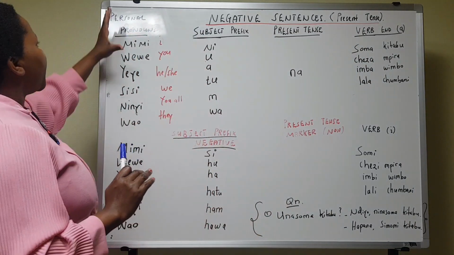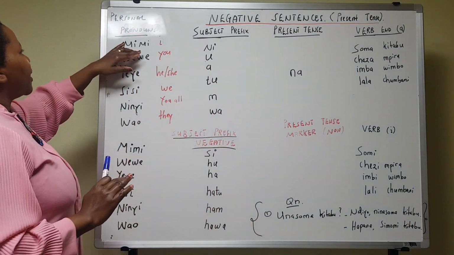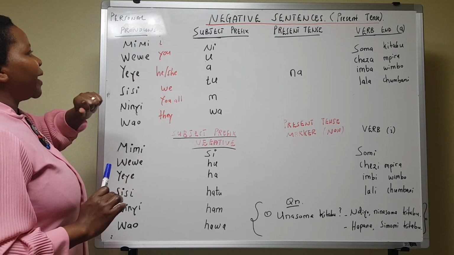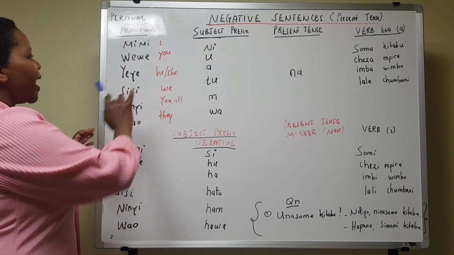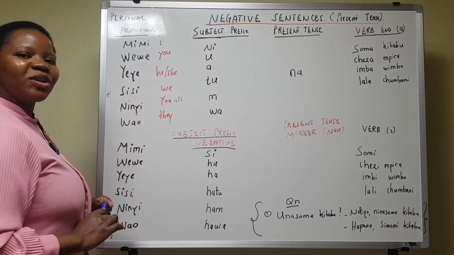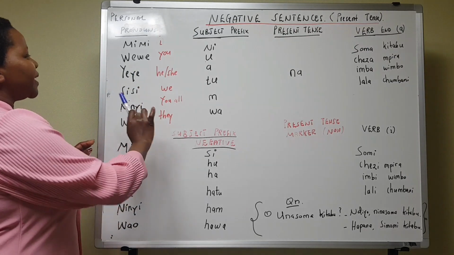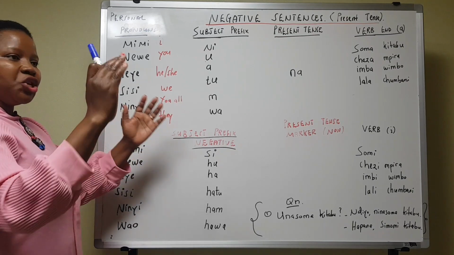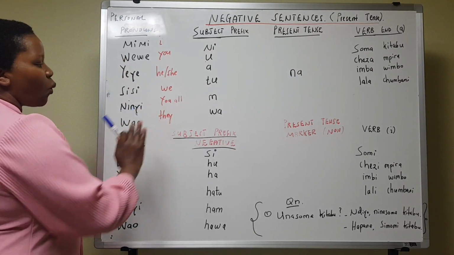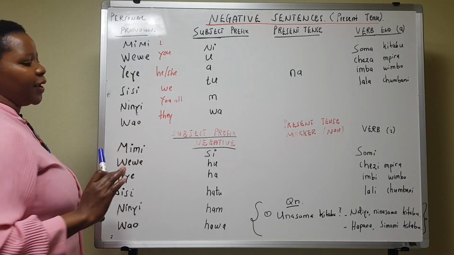So, personal pronouns: mimi, which is I; wewe, which is you; yeye, which is he or she; sisi, which is we; ninyi, which is you all; and wao, which is they.